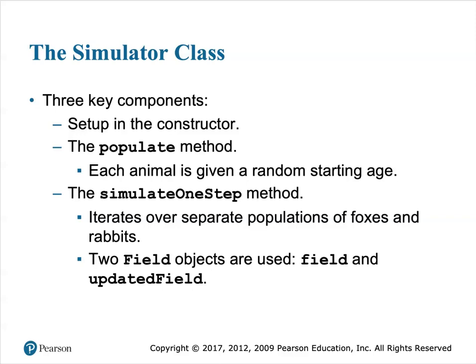And then we have a simulate one-step method, and it iterates over collections of foxes and rabbits. We have the current field, and when we're running the simulation, the information that is happening in the current field on the step gets written into the updated field. And then once we leave that step, what was previously the updated field becomes the current field for the next step.